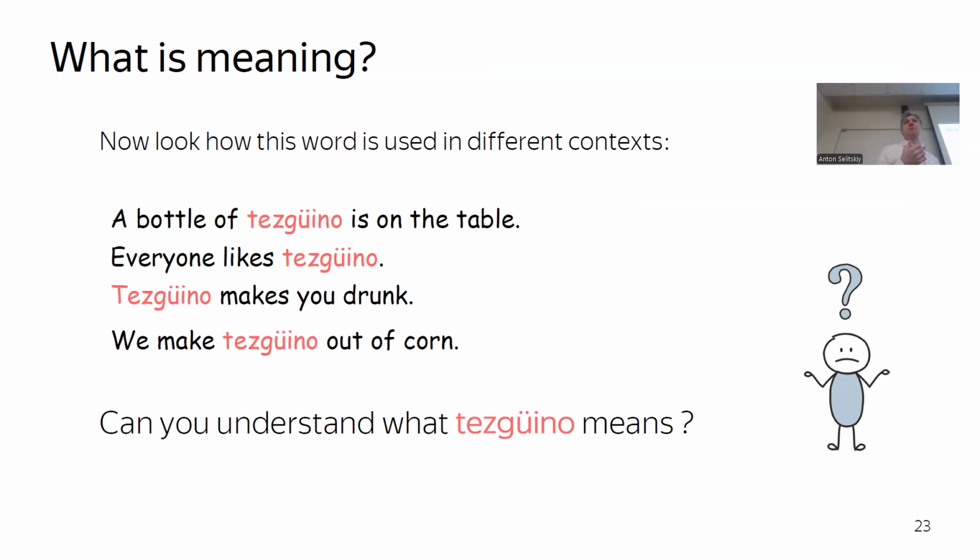So let's think about how you came up with this idea. What helps you to understand the meaning of this word? Of course, it's not like a definition of the word, because it's still just guessing. Context is used then?